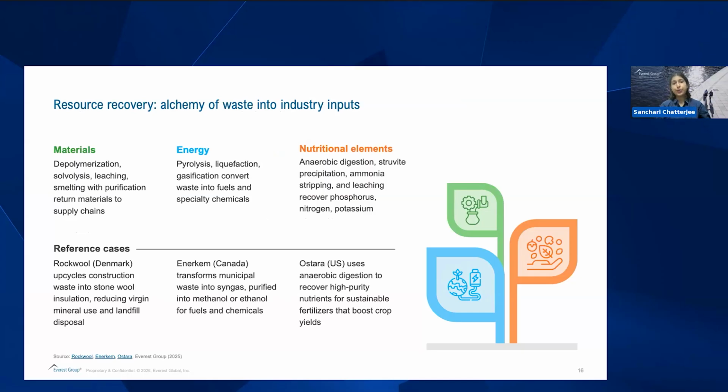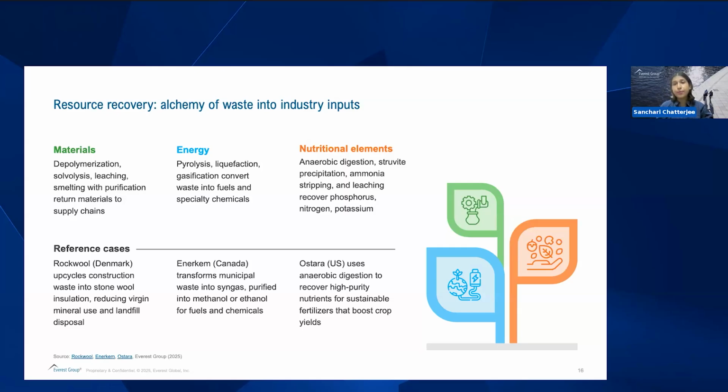So resource recovery is where circularity is becoming really transformative. So here again, we can think of this in three main dimensions: materials, energy, and nutritional elements. So under materials, technologies like depolymerization or smelting bring the metals and plastics back into the supply chain.